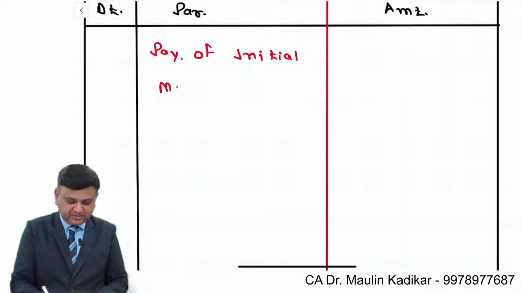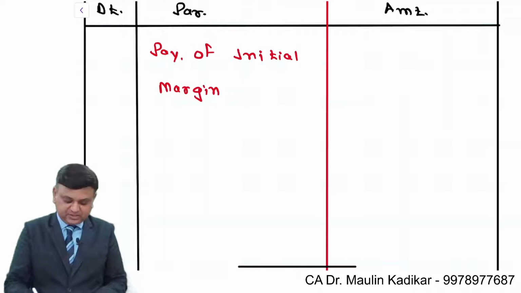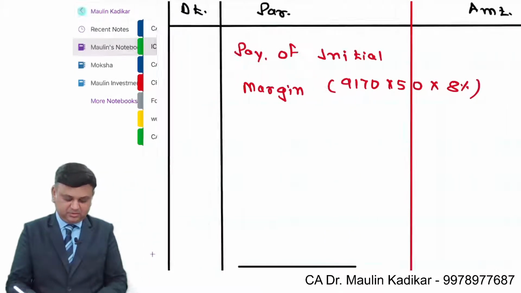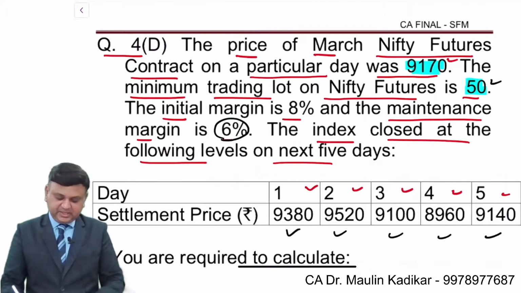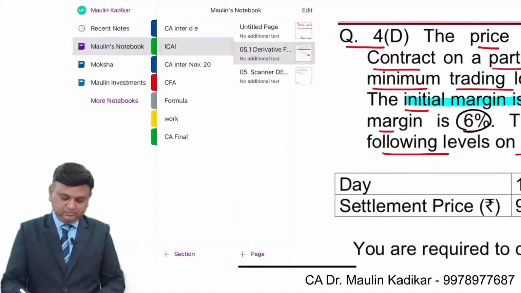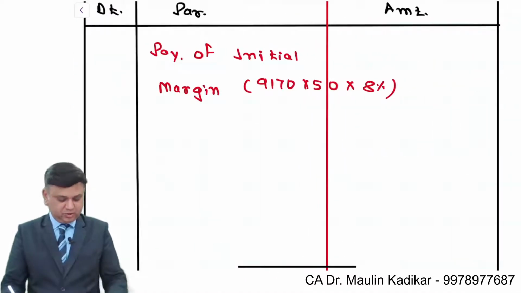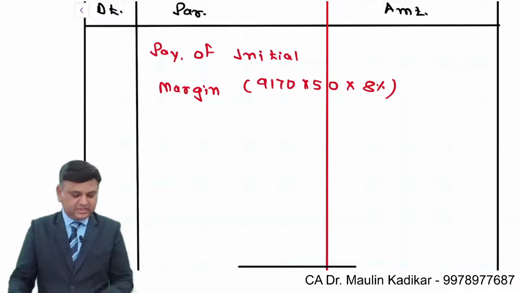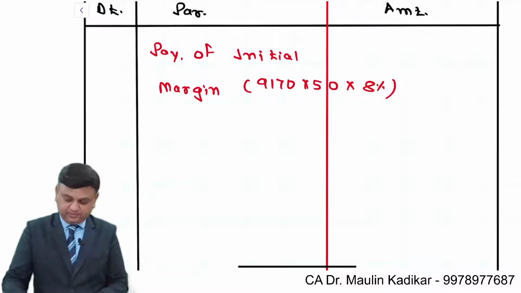What must be the initial margin, friends? 9170 into 50, multiply with 8%. Because you can see that the initial margin is 8%. That comes to 36,680.